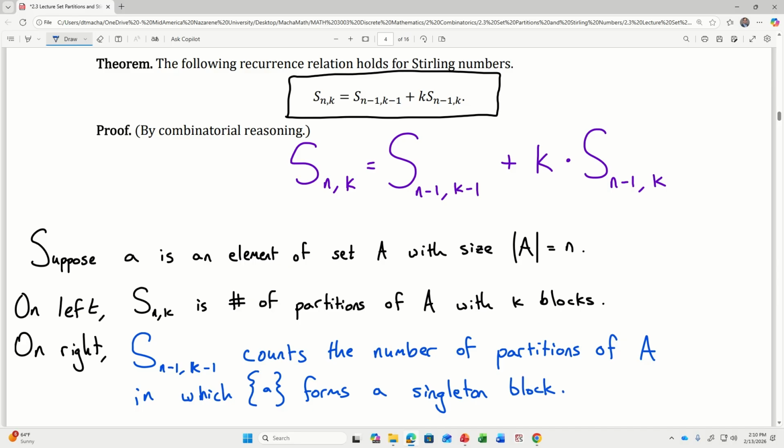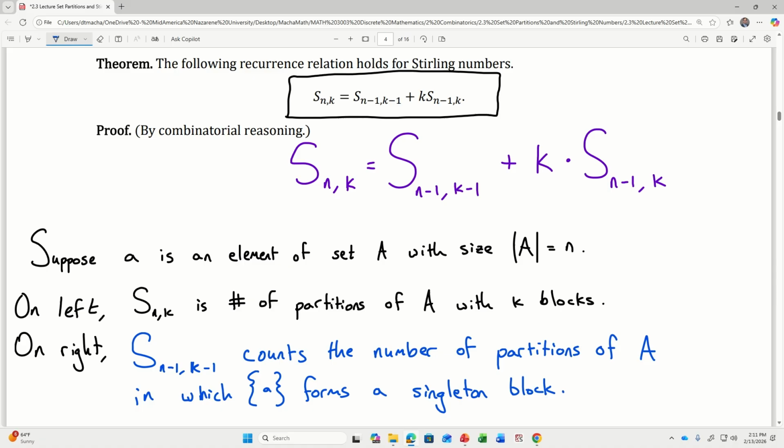Okay, so think about that for a second. If I take the element a away from my set, now I only have n minus 1 elements. And also, if I tell you that a forms its own block and it doesn't let any other elements be part of its block, well, then I also have k minus 1 blocks left to partition the other n minus 1 elements.